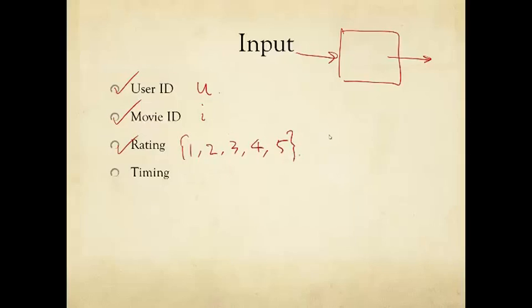We call this r_ui: r for rating, of user u on movie i. And the time that this review was entered is t_ui. Of course, there's also the review text, and we're not going to talk much about text reviews in today's lecture. So you have u and i and r_ui and t_ui.